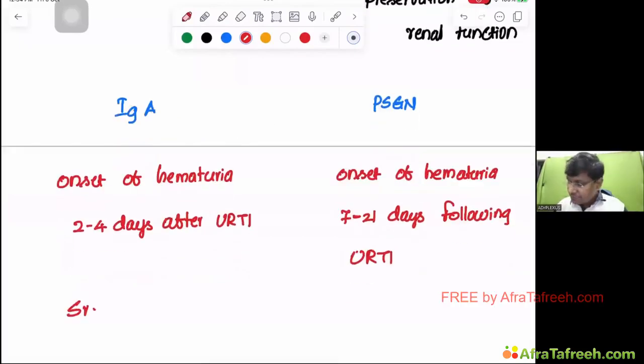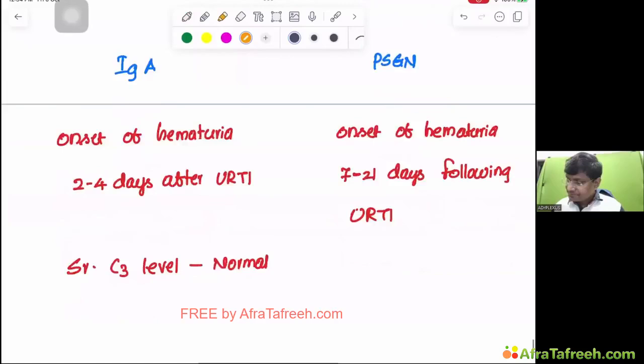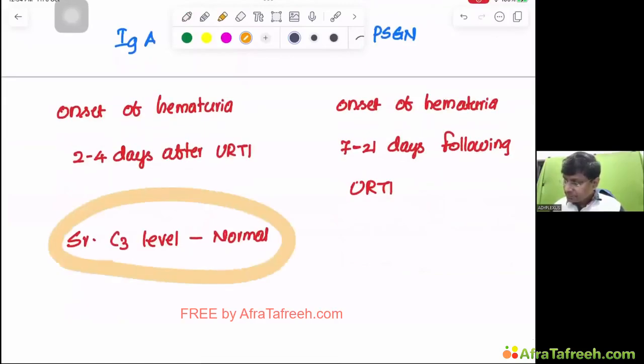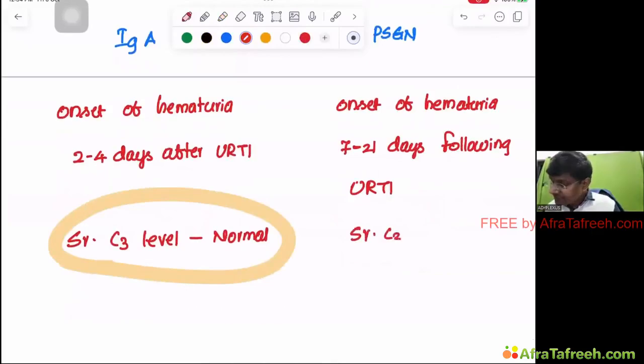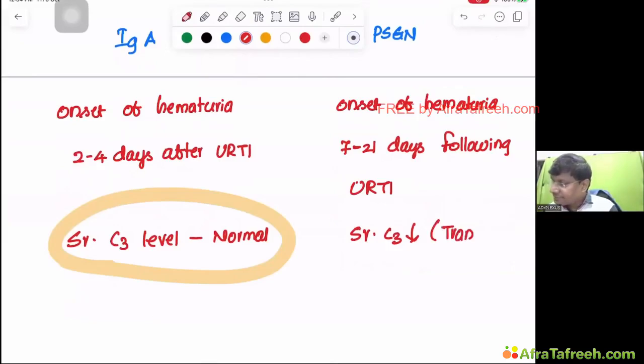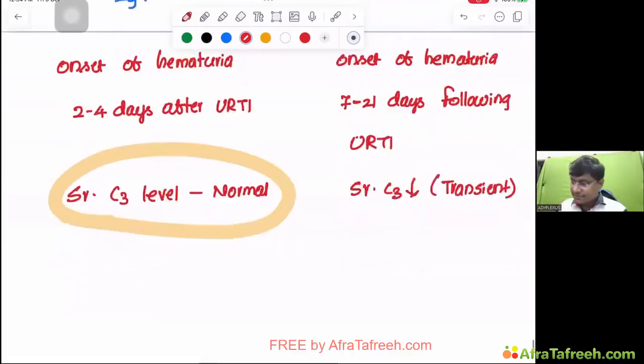And what will happen to the serum C3 levels in IgA nephropathy? They remain normal. But in PSGN, these patients will have a decrease in serum C3, but the decrease will be only transient.